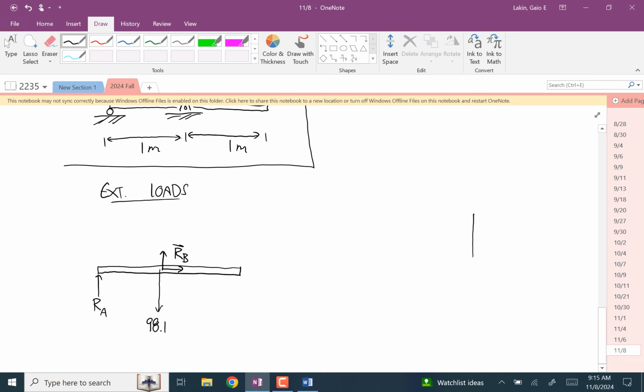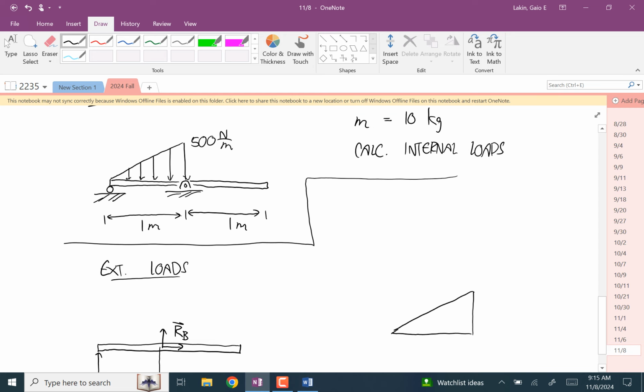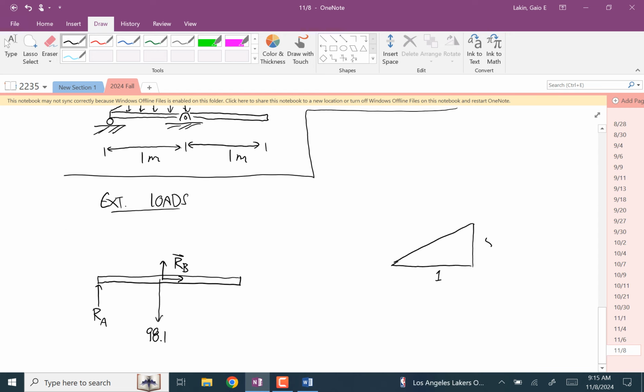And then the distributed load, this right triangle, has a length of 1 meter and a height of 500. The centroid location is 2/3 of that length from the point, and so that's just 0.6 repeating.